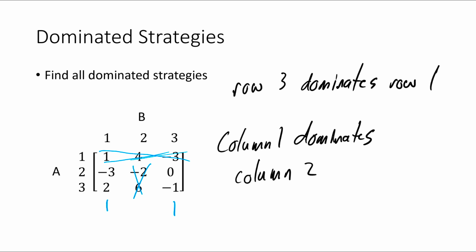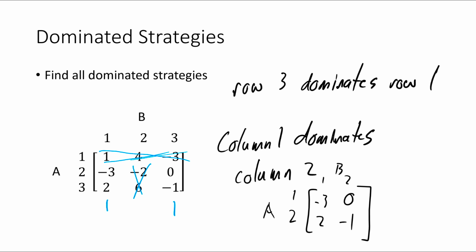And so our resulting matrix would now be a 2x2 matrix: -3, 0, 2, -1. And so that is our resulting matrix.